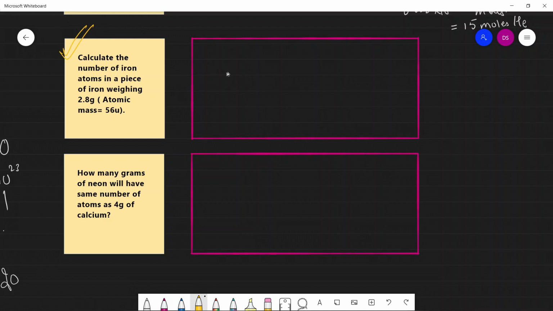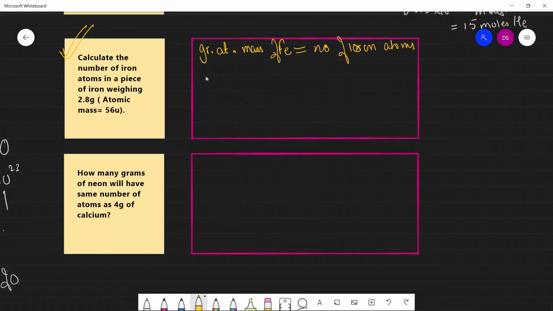Now here is another question for you guys. Calculate the number of iron atoms in the piece of iron weighing 0.8 grams. Now again do the same trick. What you have to calculate is number of iron atoms. And what is given is the gram atomic mass of iron.